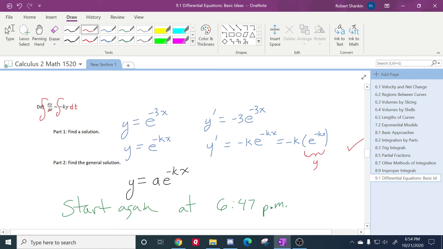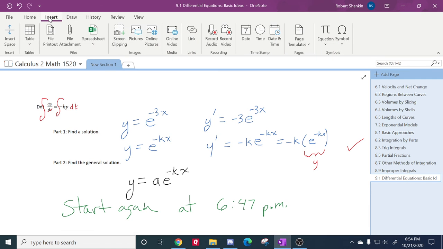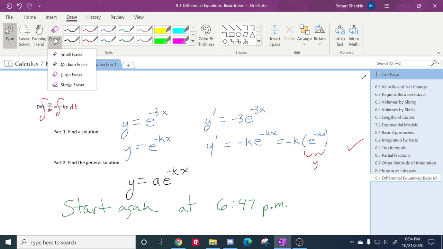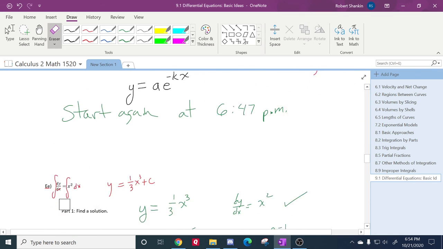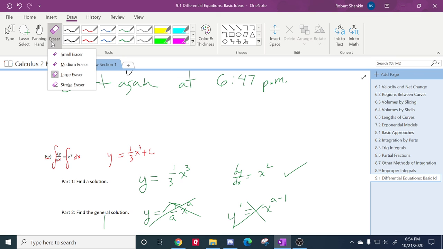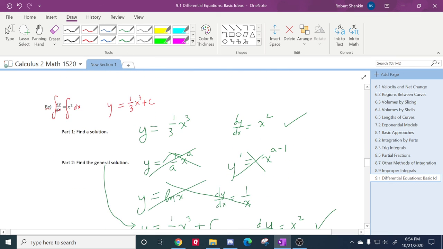This would be y, but this would be unintegratable. And so differential equations are harder. A real differential equation is hard. We might call this a trivial differential equation, not nearly so difficult when it just has the independent variable.